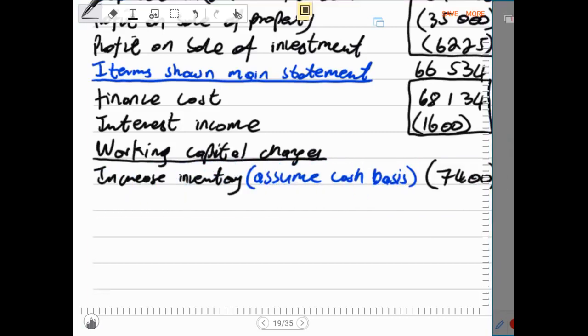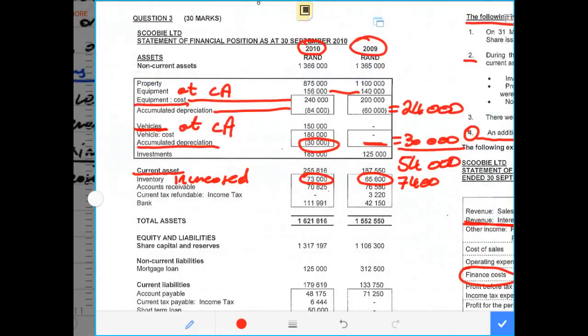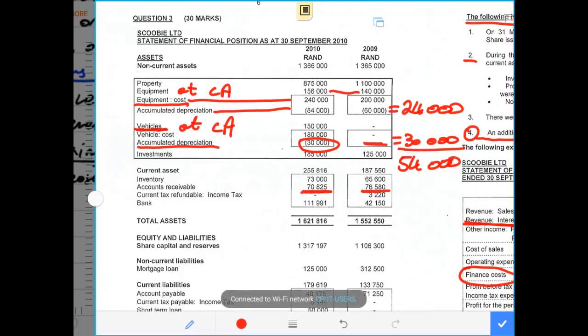The next one will be our account receivables, still under current assets. Our account receivables in the year 2009 were previously 76,580. And in the year 2010, there were 70,825 rands.